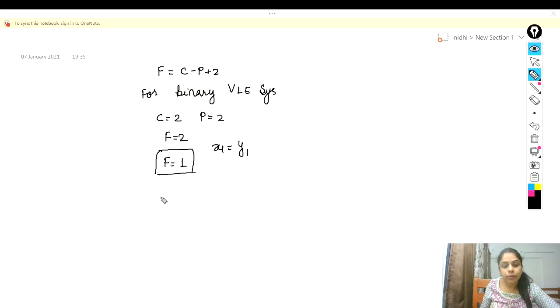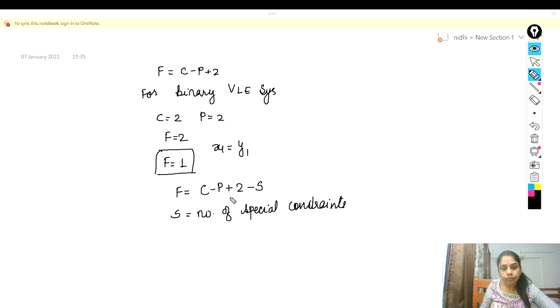So thus, if a special constraint exists, then the degrees of freedom are given by F is equal to C minus P plus 2 minus S, right? Where S is the number of special constraints. So if azeotropes are forming, then here C is 2, right?